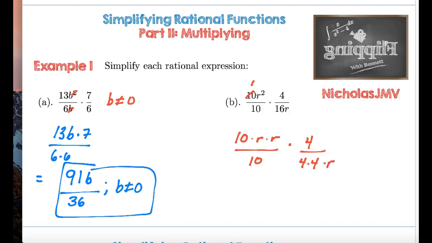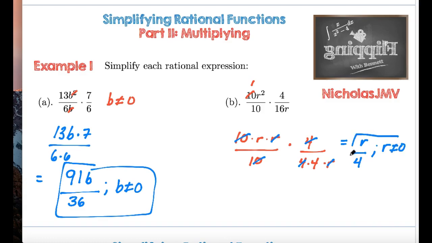And now let's get rid of things that are common. The 10s become 1. This 4 and this 4 become 1. One of these r's and one of these r's become 1. And so what's left? You have this r times 1 over 4. So it's just r over 4, and r cannot equal 0.